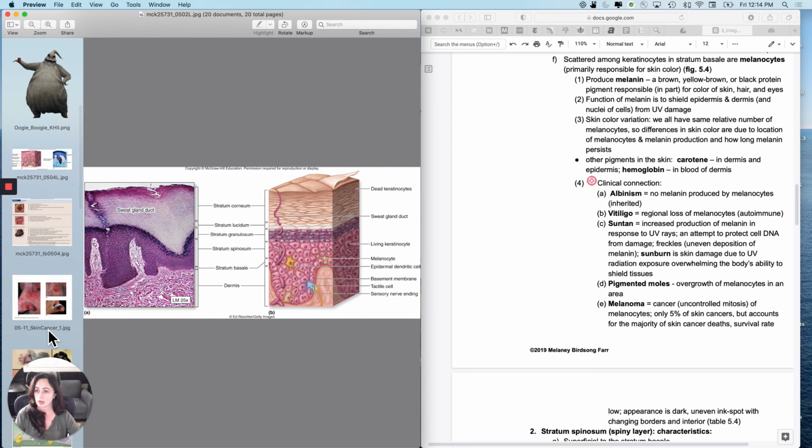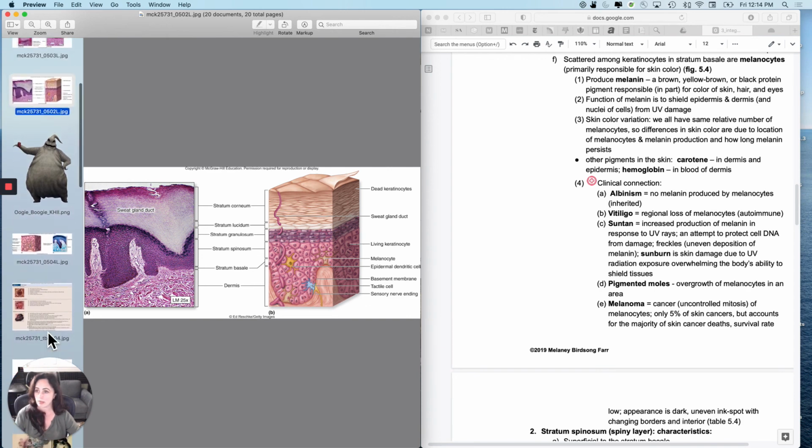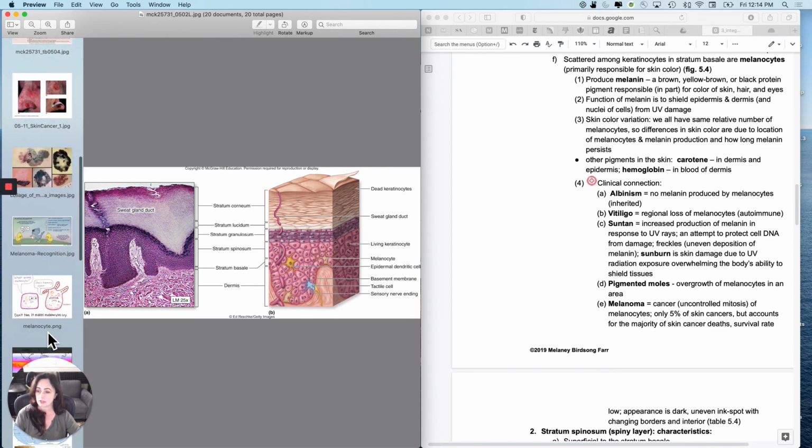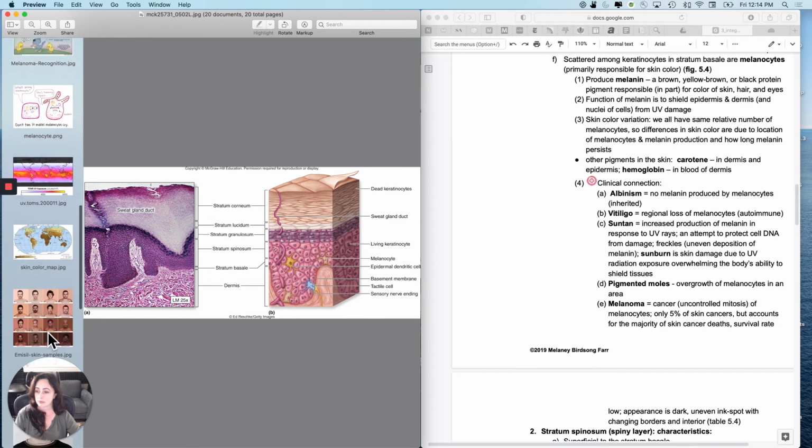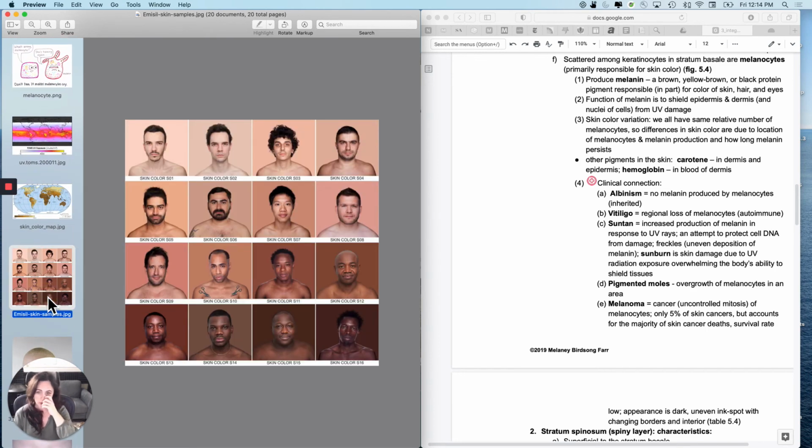Okay, so I want to talk a little bit more about them and about skin color variation, and then what happens when you tan. First off, of course, we know that people are not black or white. There's a tremendous amount of tonal variation in skin color, and that is related both to the amount of melanin you have in your skin and also to two other pigments.